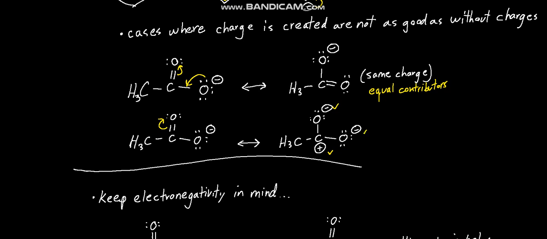Now you got 3 charges. That is not a good contributor. So this resonance analysis would say that this form here is a better resonance contributor than surely this form.